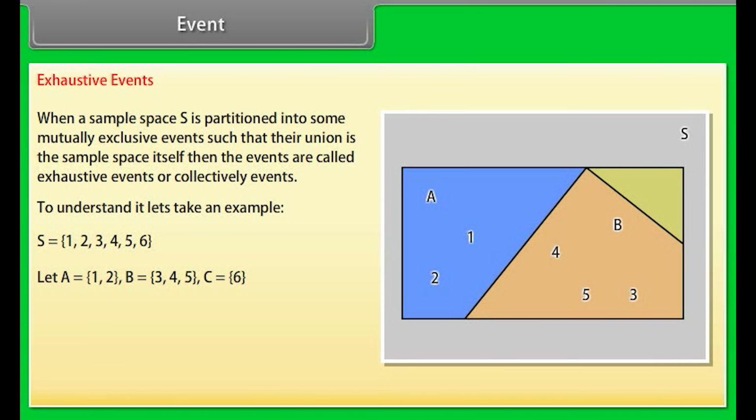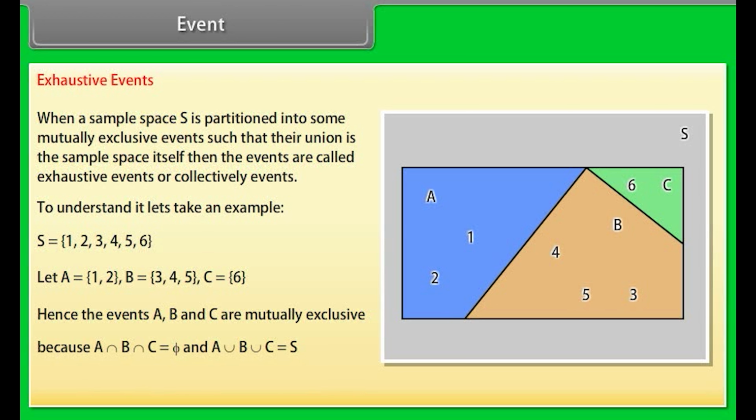B is equal to 3, 4, 5. C is equal to 6. Hence the events A, B and C are mutually exclusive because A intersection B intersection C is equal to phi. And A union B union C is equal to S.